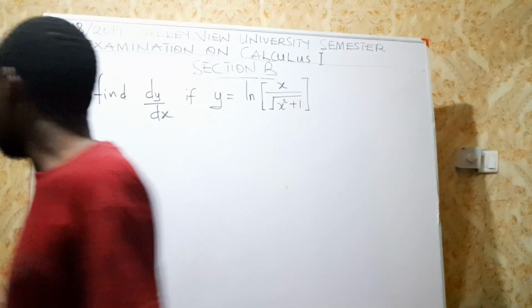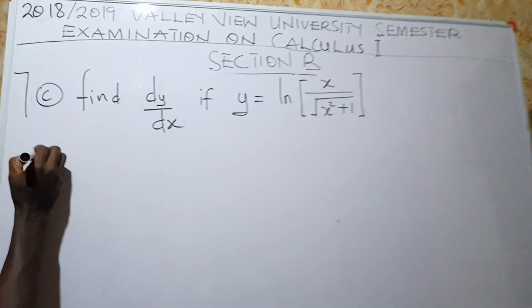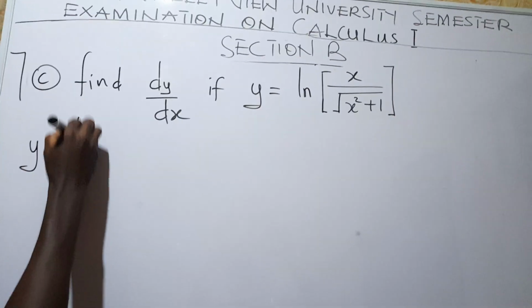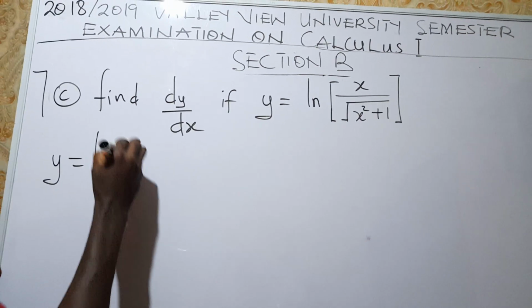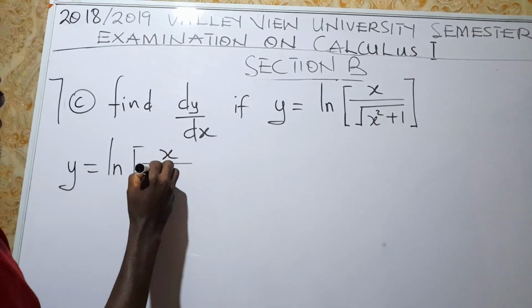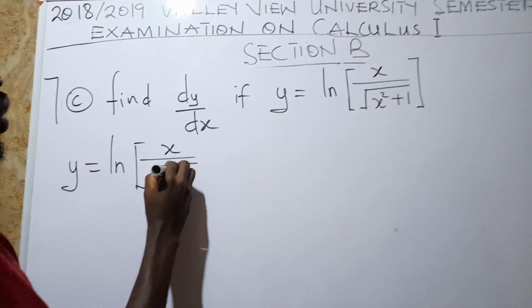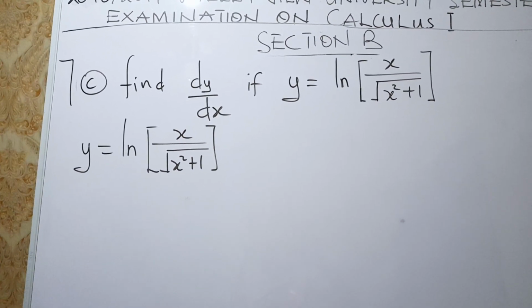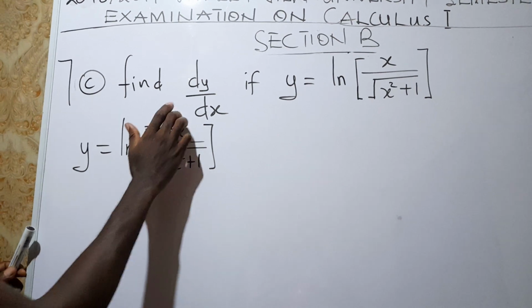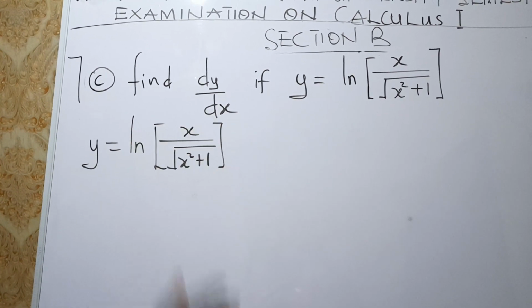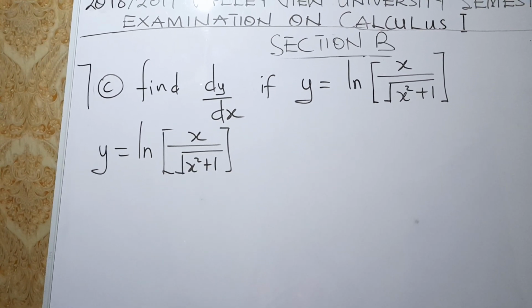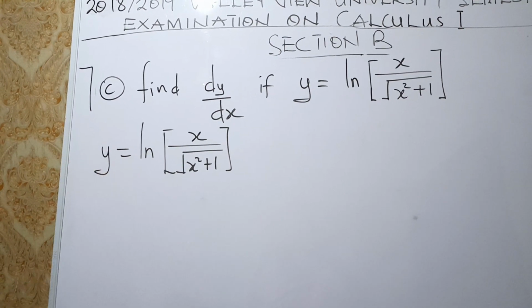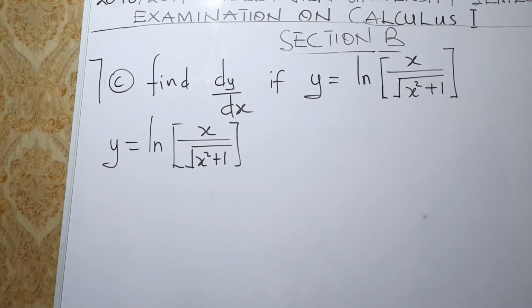So now we solve this. Remember, if we have y is equal to ln bracket x over the square root of x squared plus 1. In differentiating ln functions, we say that you reciprocate this, you differentiate and use it to multiply. However, when you try doing that, this will be very difficult for you.